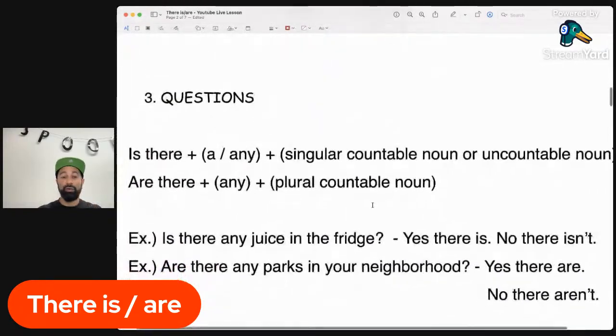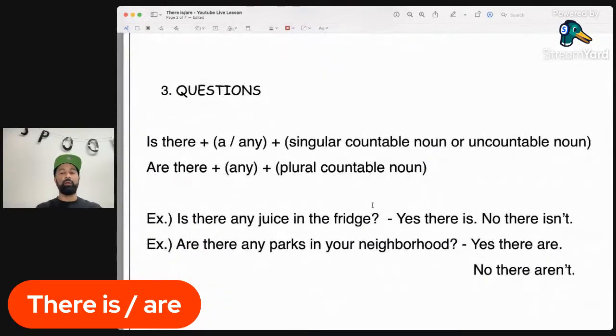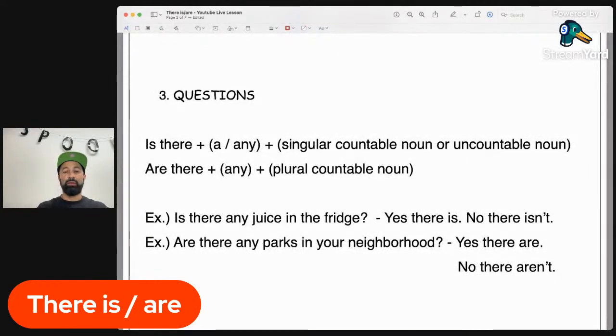All right, so we've got the questions. If you want to make a question, the same principles will apply. If my noun is singular and it's countable, or if my noun is uncountable, then I'll be using is there. And then I'll be using a or any.